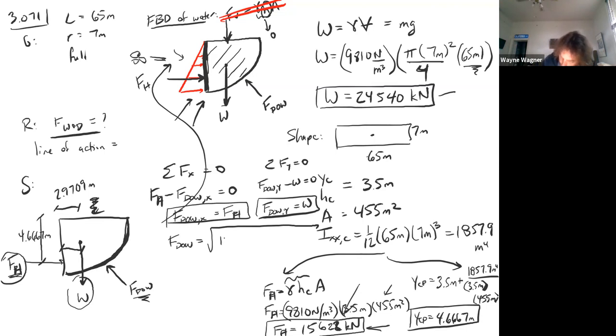It's 15,622 or 3, I can't tell, kilonewtons squared, plus the weight, 24,540 kilonewtons squared. So that would give me my F dam equals.